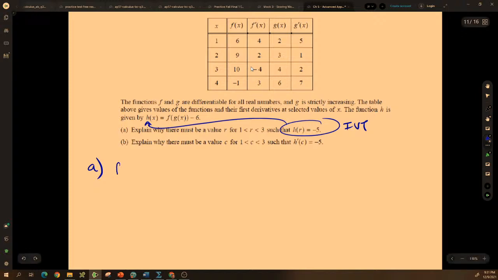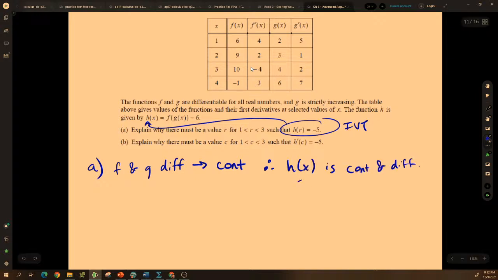So we could say something like f and g are differentiable, which means they're continuous, and therefore h of x is also continuous and differentiable. So IVT applies, something like that.